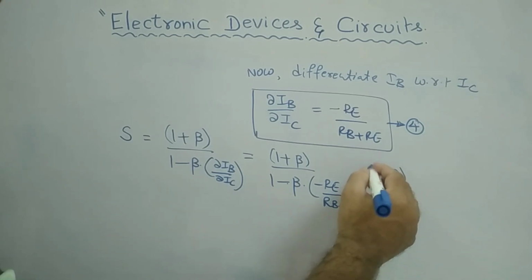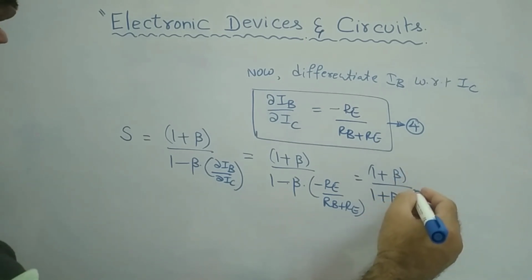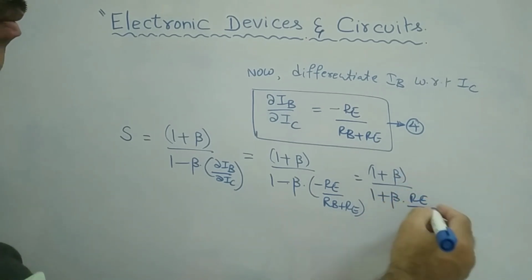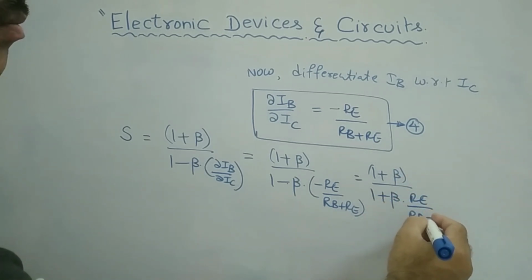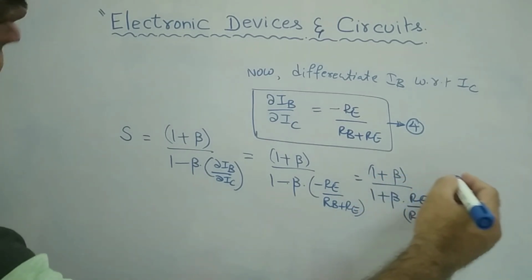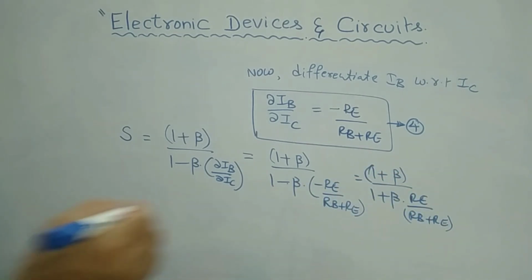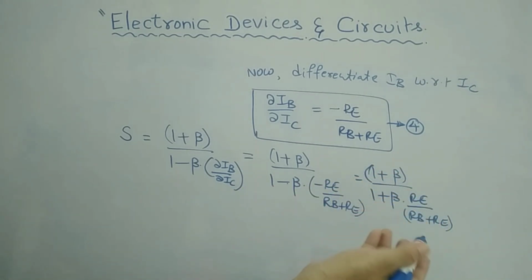It is 1 plus beta by 1 plus beta times RE by RB plus RE. So this is the expression: 1 plus beta by 1 plus beta into RE by RB plus RE. Is it not?